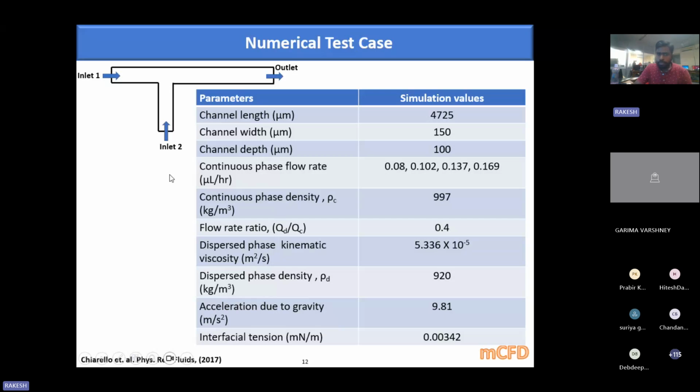You can go through these papers for all the geometrical aspects. This is a simple T-junction problem where they are creating a non-Newtonian droplet. And the same thing we tried to validate so that we can see how it changes from the Newtonian case.